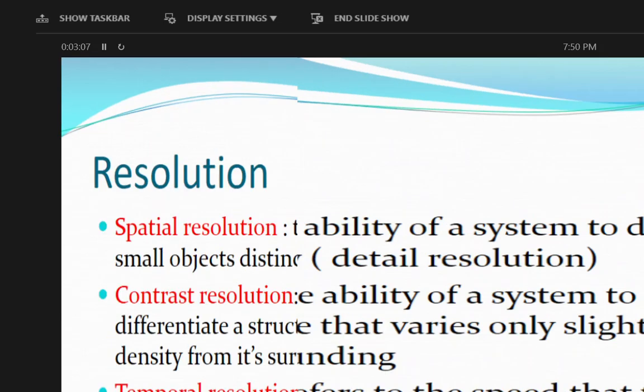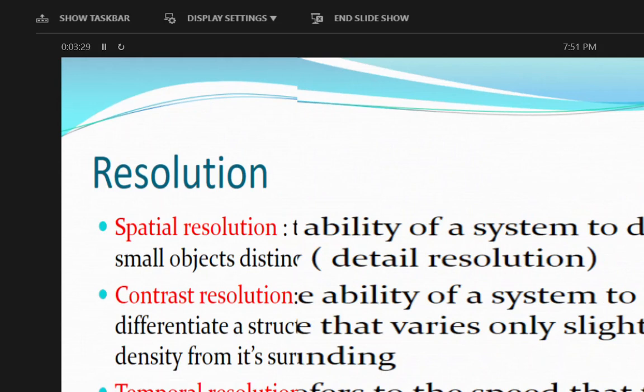Just a little bit about some terms that you might hear when you're at clinical. You might hear different resolution terms. You might hear spatial resolution, which is the ability of the system to define small objects. So spatial resolution is really going to be your detail. Then there's contrast resolution. That's the ability of the system to differentiate a structure from its surroundings.